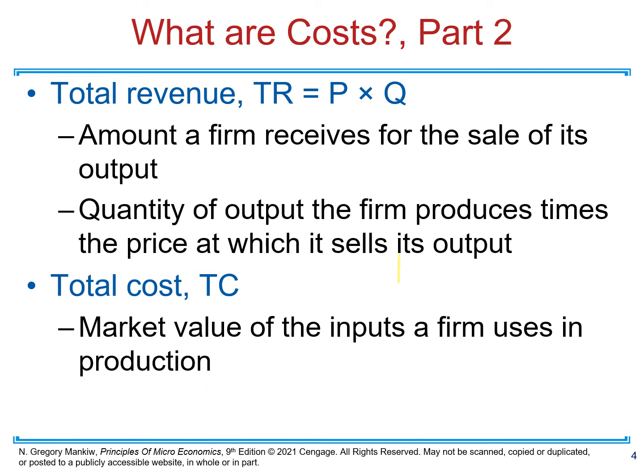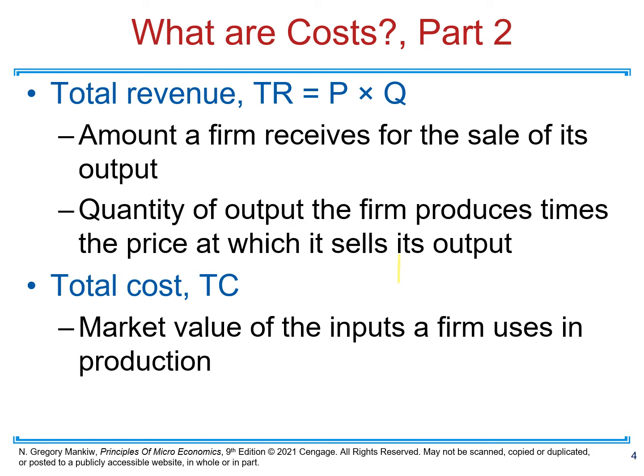Let's say Brahms makes 1,000 ice creams in one day and sells them for $2 each. Then how much is total revenue? 1,000 multiplied by 2, $2,000.